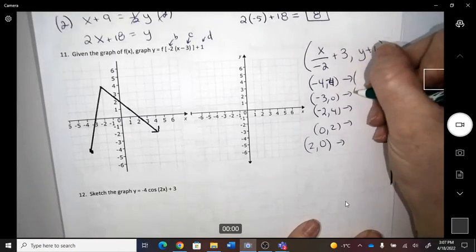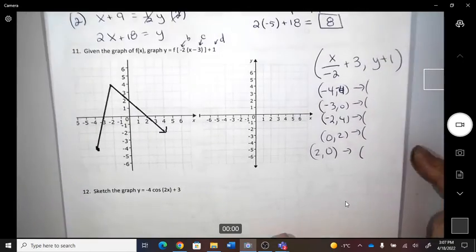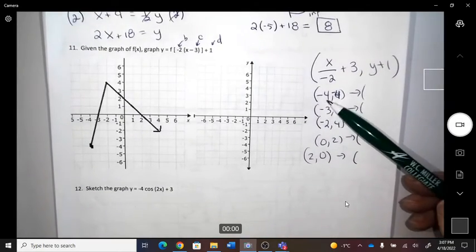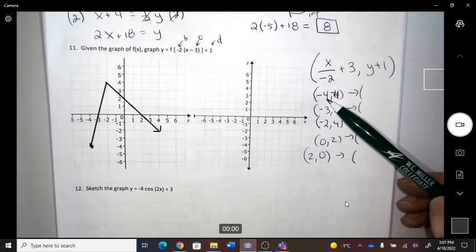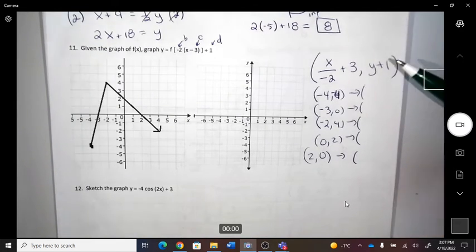You ready? I'm going to go through all of the x's. Okay. Divide by -2 is 2. Plus 3 is 5.